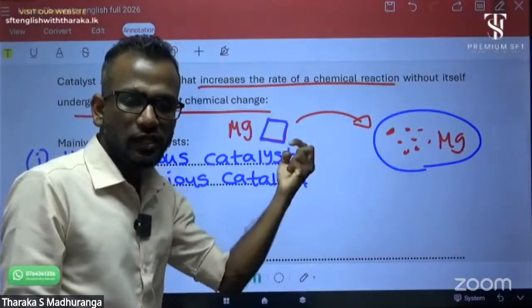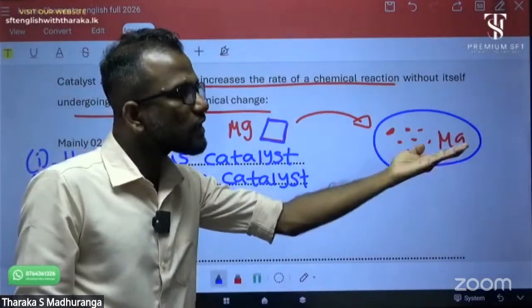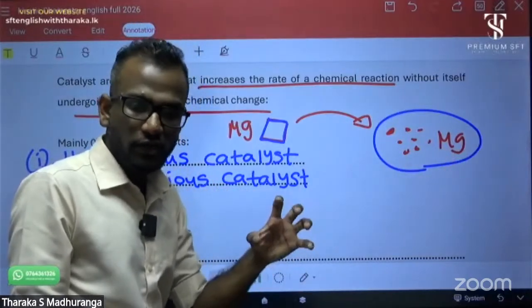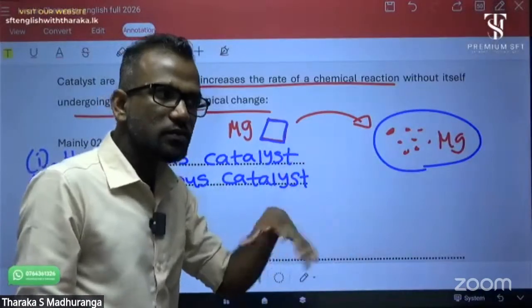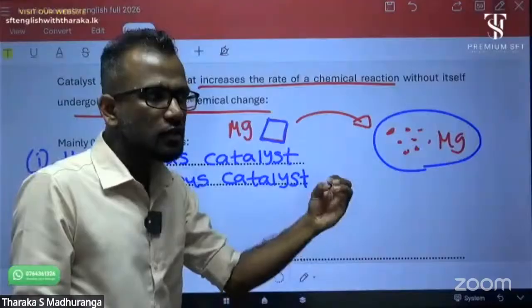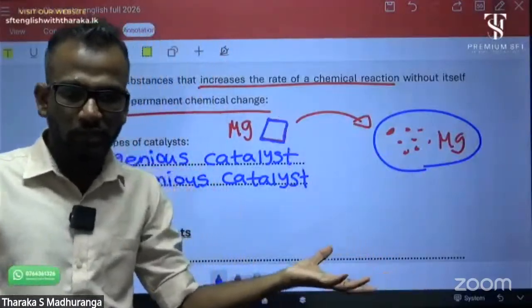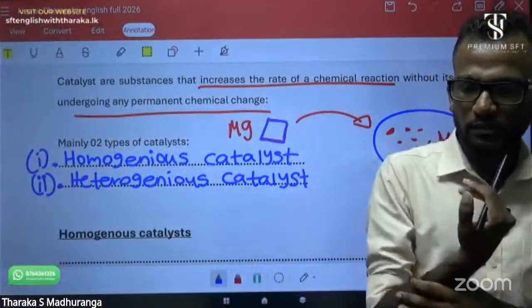At the end of the reaction you can collect magnesium, not magnesium oxide or magnesium hydroxide or any different chemical. It does not participate in the reaction and does not produce any new product, but it is involved and increases the rate of chemical reactions. That's the thing.